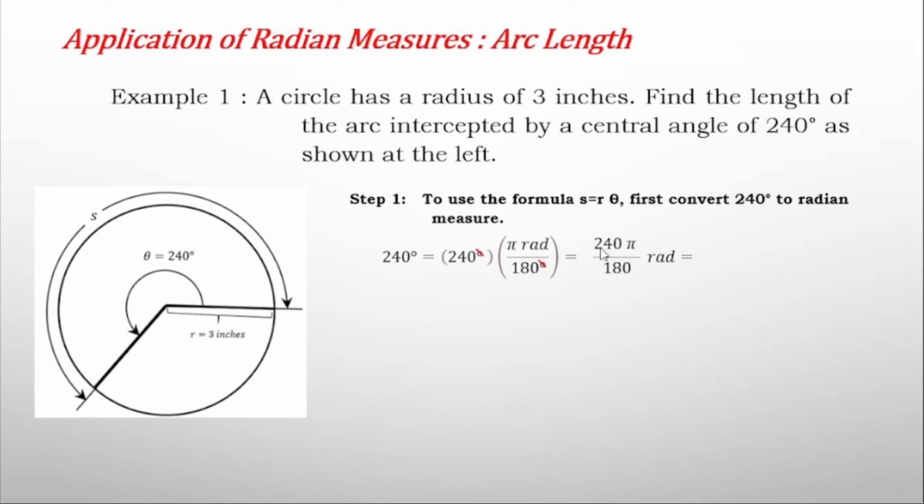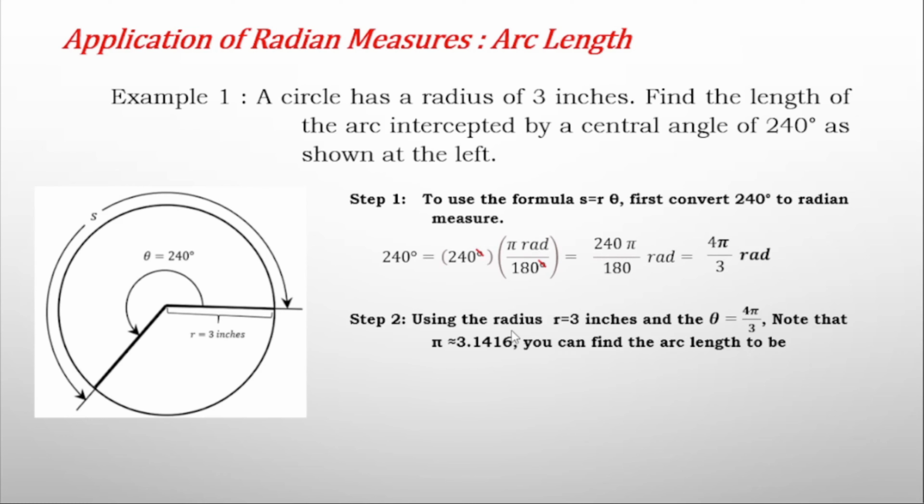So that is why we have 240 pi over 180 radian. Then as we simplify 240 over 180, that is equal to 4/3. Then we can say the radian measure of 240 degrees is equal to 4 pi over 3 radian.